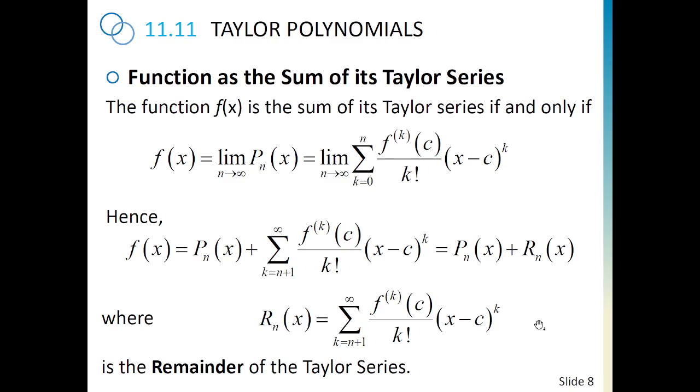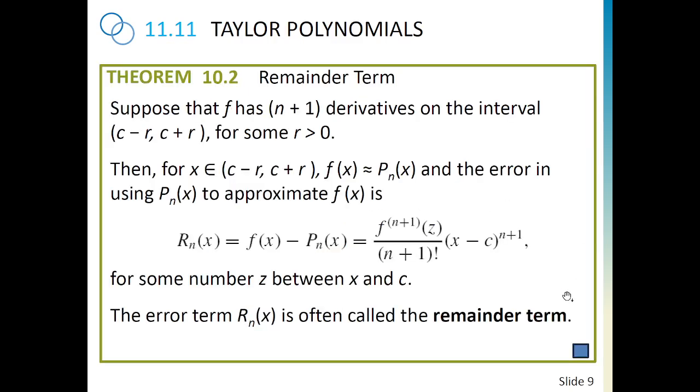So previously we saw how to find a way to have an upper bound on the remainder, so that will be a result that we will use. And we also saw that when the remainder goes to 0, obviously then the limit of Pn is equal to f. That means that the Taylor series is converging to the function f that was used to generate the Taylor series. So that was the result we saw previously.